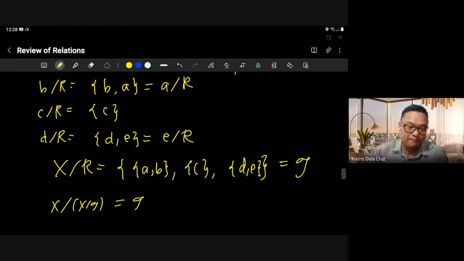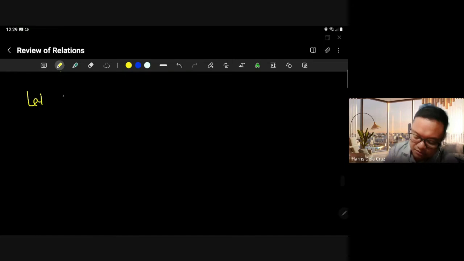Okay, another example. So, let X be the set of integers.